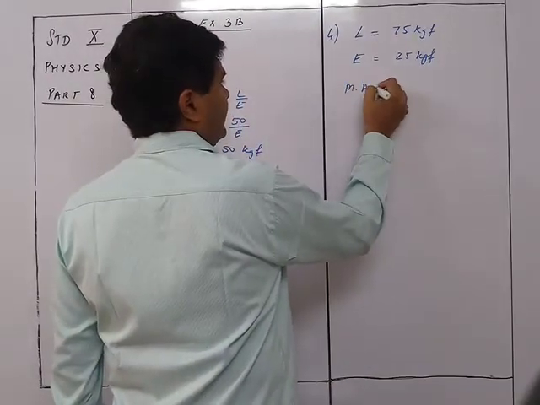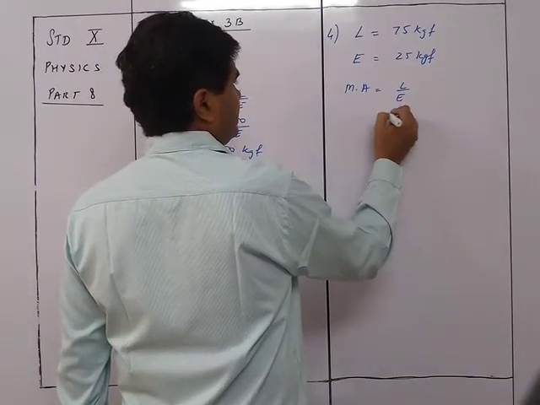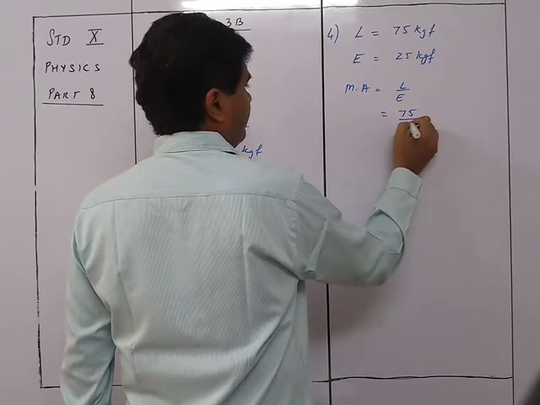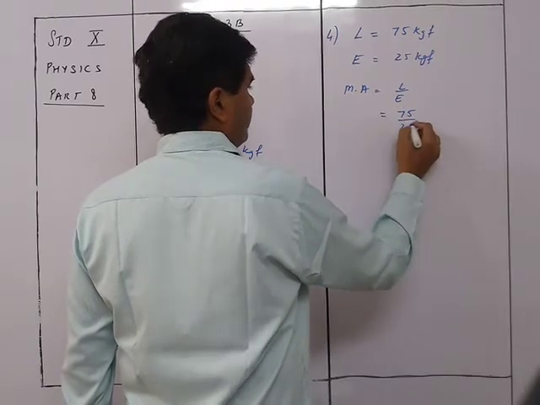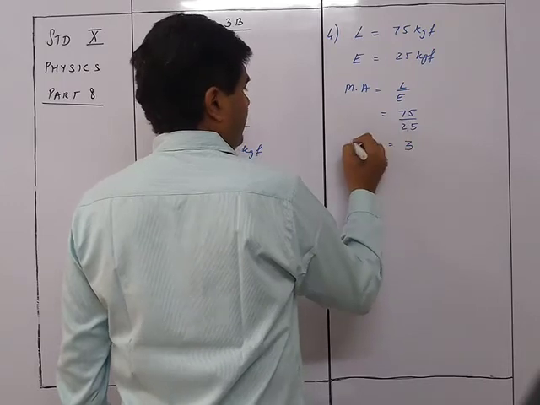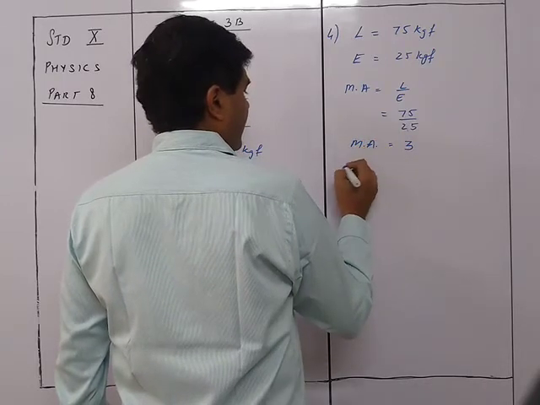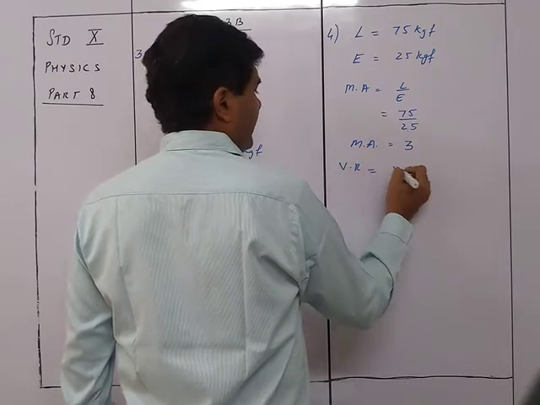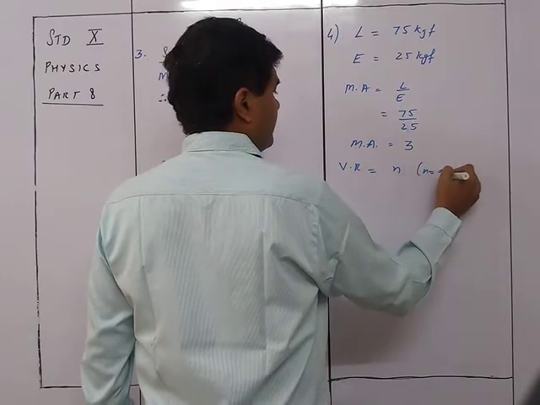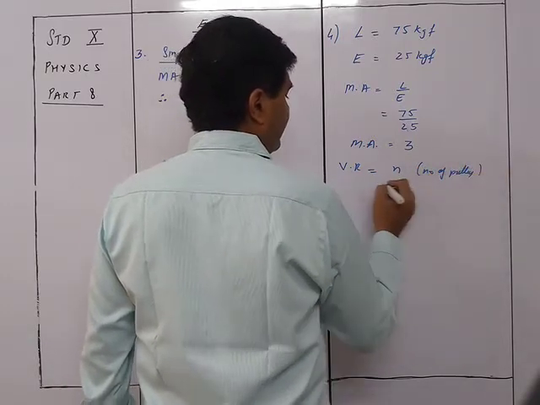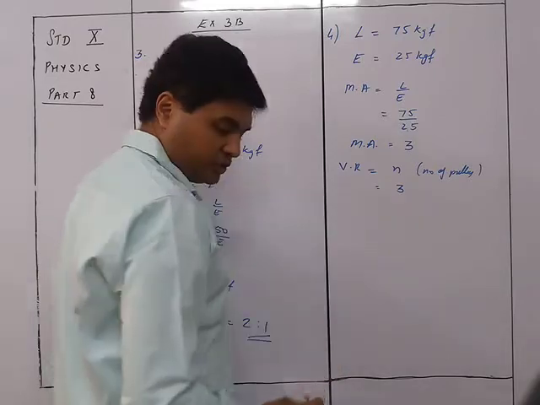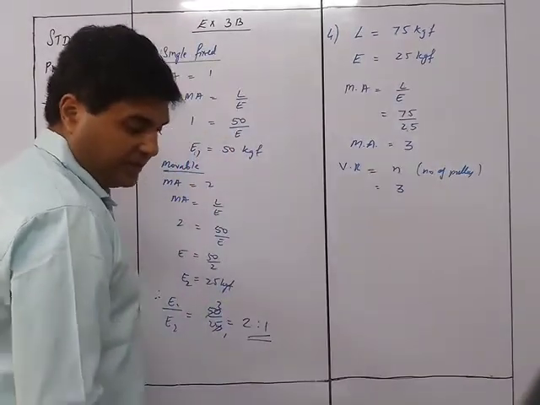So mechanical advantage is equals to load upon effort is equals to 75 upon 25 is equals to 3. So MA is equals to 3 and velocity ratio is equals to N, that is number of pulley, and that is given as 3. So velocity ratio is also 3. You need to find out the efficiency.